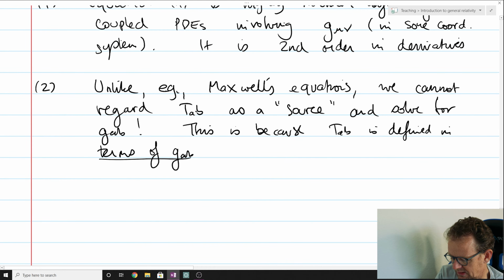So the naive reason, and really the fundamental reason also, that you can't regard T_AB as a source is that T_AB, the stress energy tensor itself, is defined in terms of the metric.